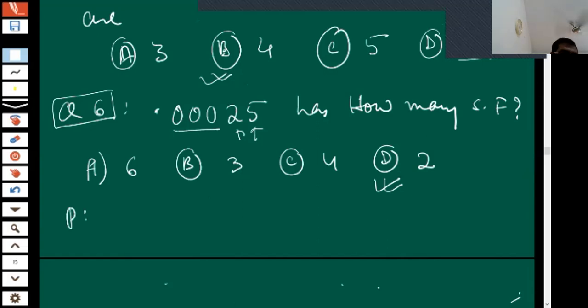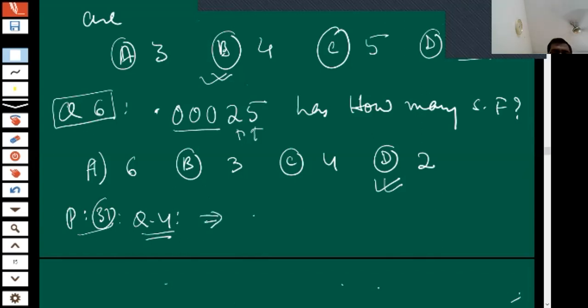This is from page 31, and question number is 4. Same type of question.